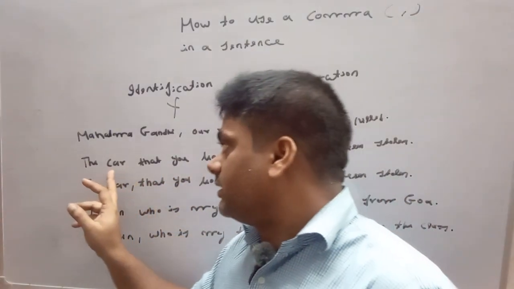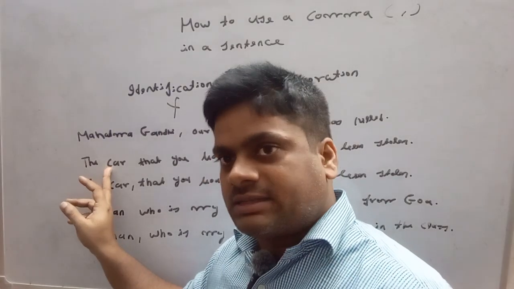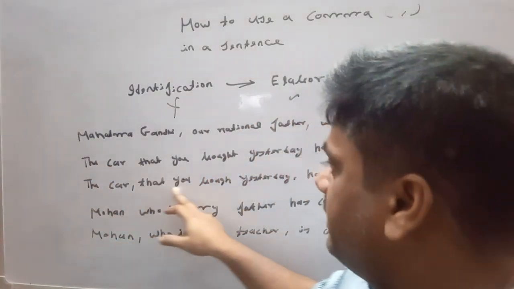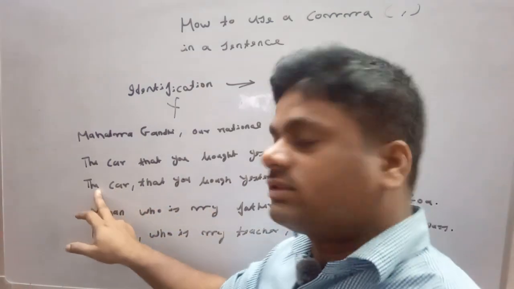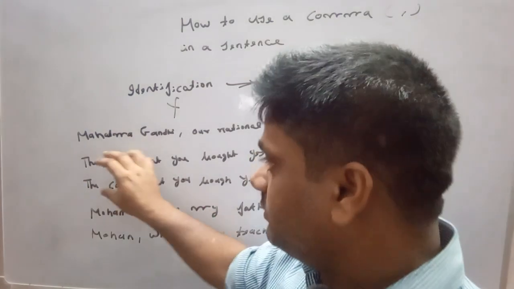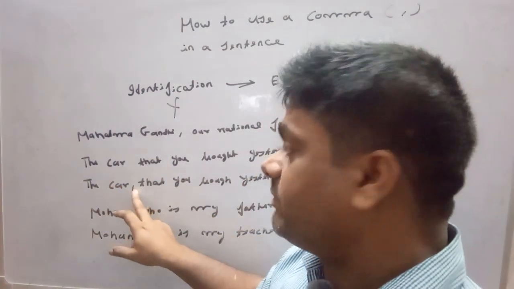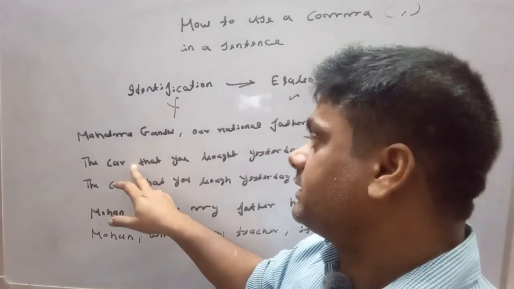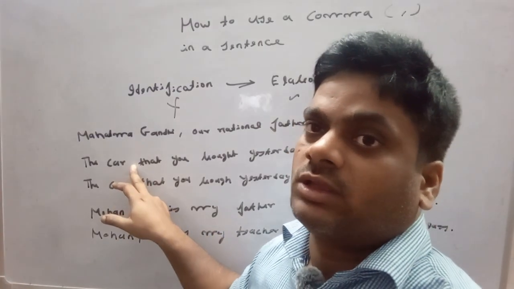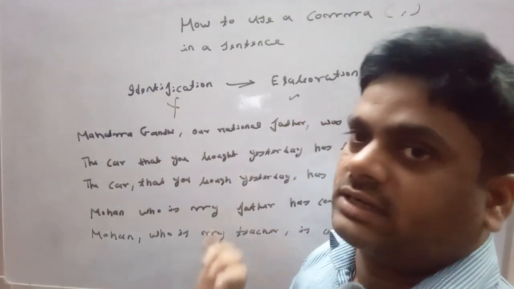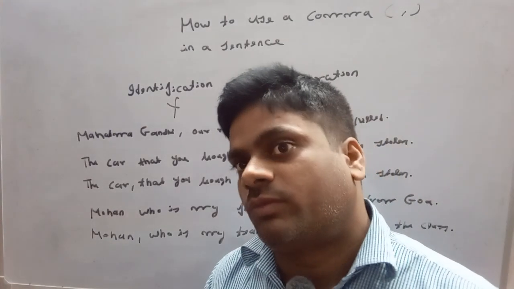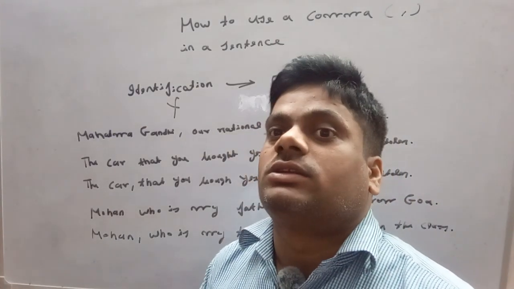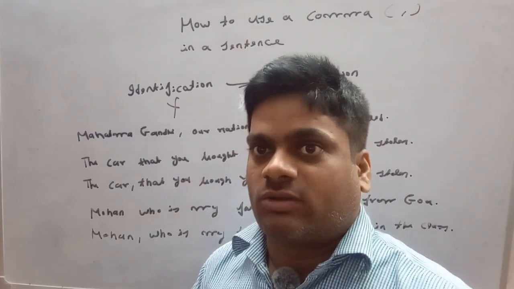In the third sentence, the matter is the same, but here we have used a comma, while in the second sentence we don't use a comma. Both sentences are correct, but the meaning which comes out from one sentence to another is separate from one another.